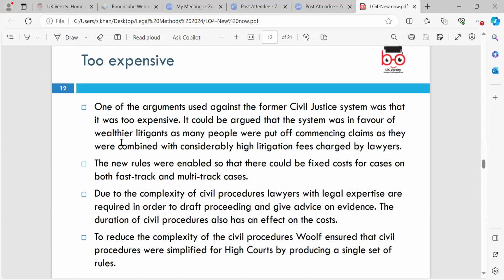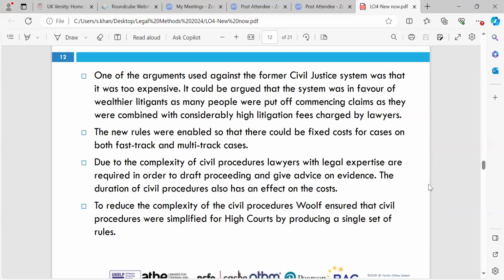It could be argued that the system was in favour of the wealthier litigants, as many people were put off commencing claims as they were combined with considerably high litigation costs by lawyers. The new rules were enabled so that there could be fixed costs for cases on both fast-track and multi-track cases. Due to the complexity of civil procedures, lawyers with legal expertise are required in order to draft proceedings and give advice on evidence. The duration of civil procedures also has an effect on costs.